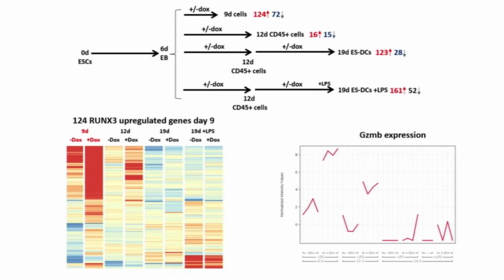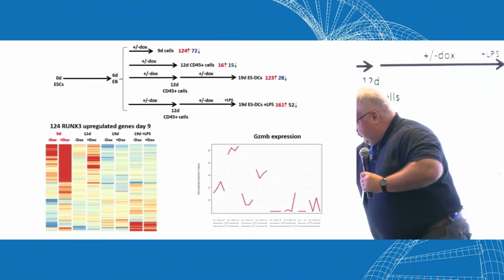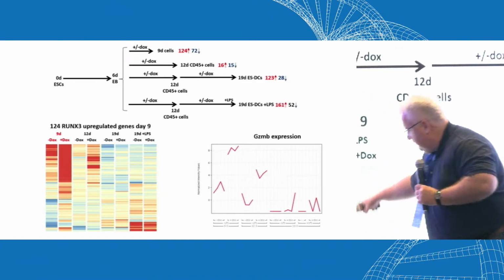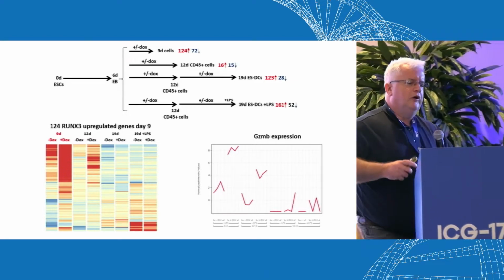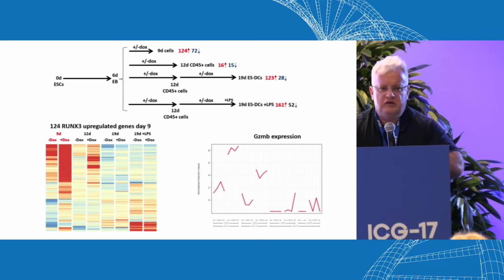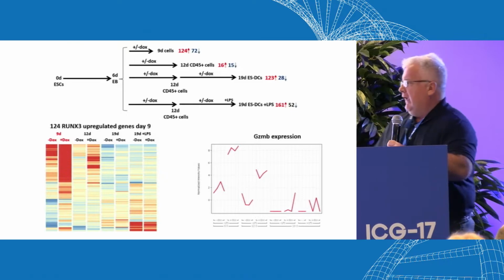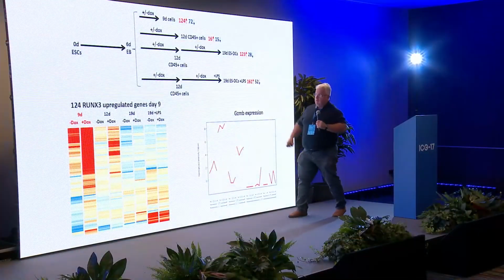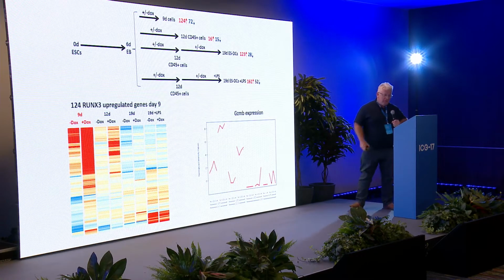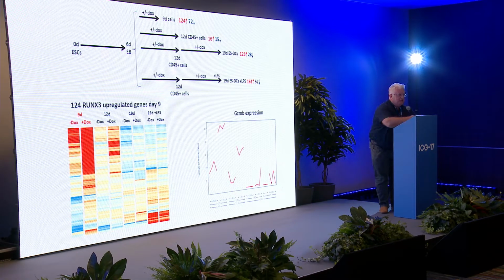But interestingly, in case of the 19-day samples, we failed to detect the very same pattern. So those genes which were regulated at the early stage are not regulated at the late stage. It turned out that at the late stage the Runx3 transgene is silenced, and probably these genes are indirectly modulated by Runx3.